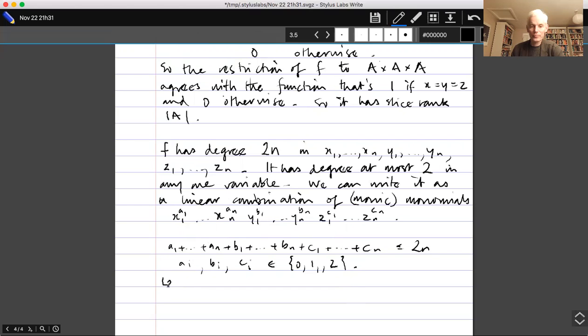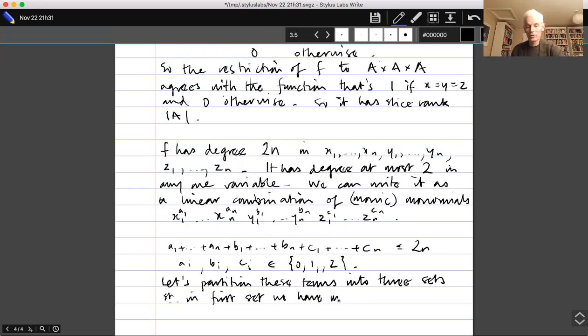So let's partition these terms into 3 sets, such that in the first set we have monomials of degree less than or equal to 2n over 3 in x1 up to xn.